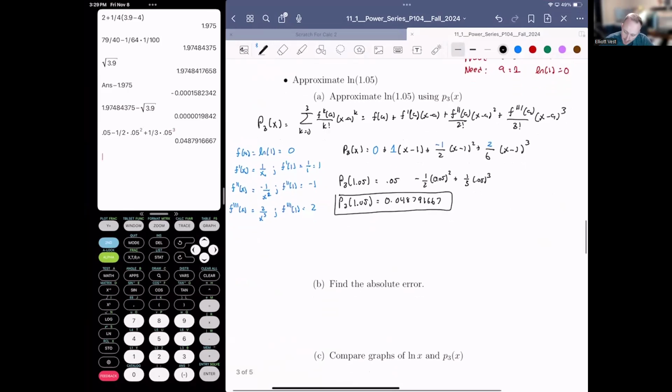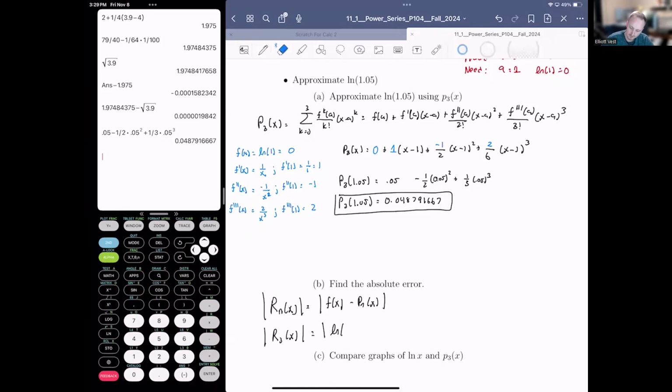Find the absolute error. So absolute error, remember, is Rn of x, which is equal to the absolute value of f of x minus Pn of x. So we're looking for n equals 3. Let's plug in the value now: f of 1.05 minus P3 of 1.05.